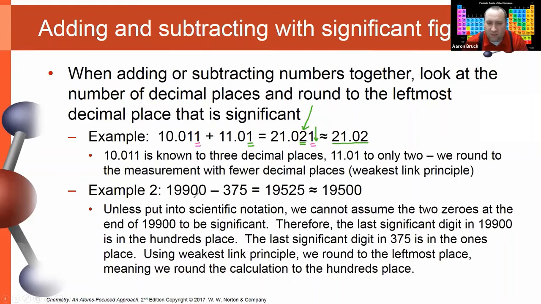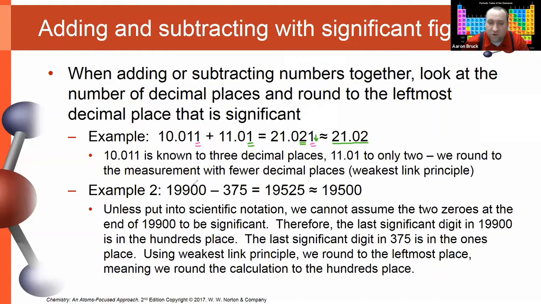In our second example, and again, this is where things get a little bit more complex: 19,900 minus 375. On the surface, if you were following this from a math problem perspective, you would look at this and say, okay, I just subtract the two values, 19,525 is my answer. Problem is, we have to assume that these are measured values. And as measured values, significant figure rules apply.